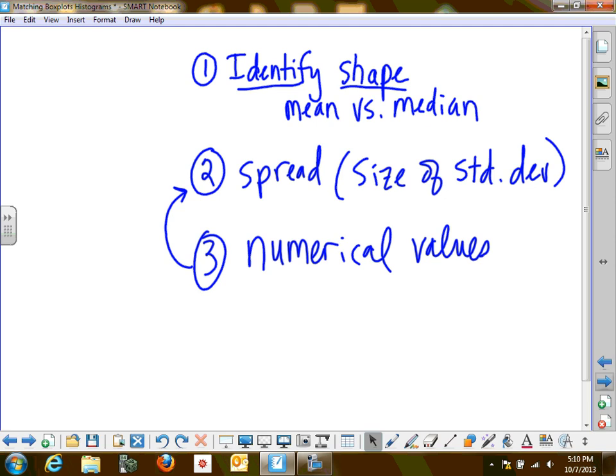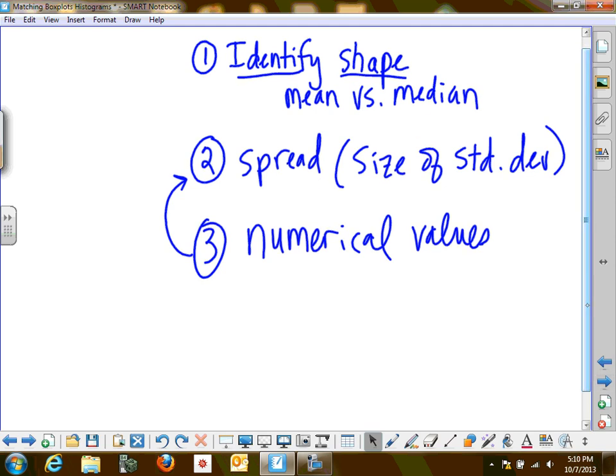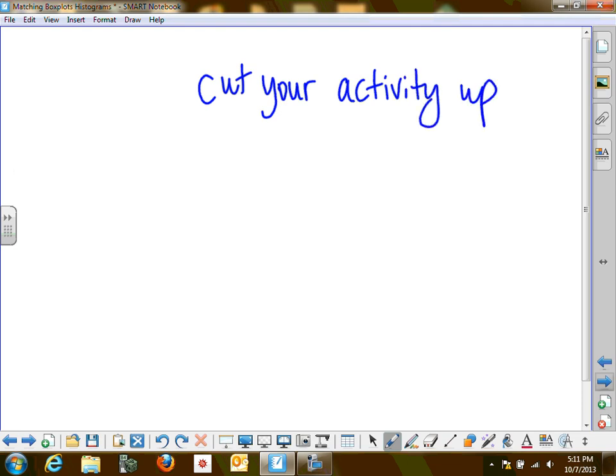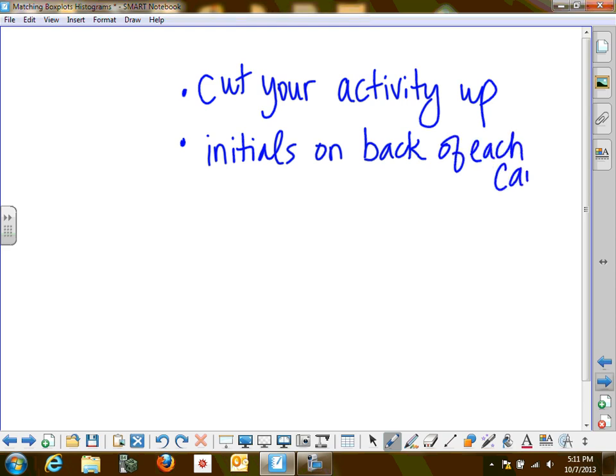So what I want you to do for the rest of class is to cut your activity up. Okay? What you may want to do before you cut your activity up is put your initials on the back of each card, so that if they drop and you're next to your friends, we can find yours.